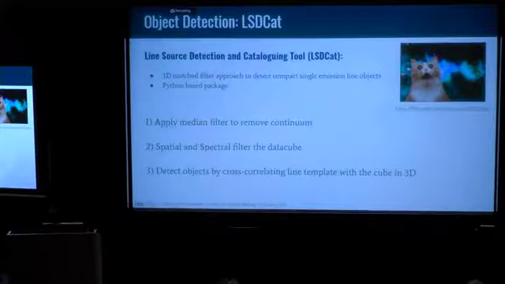It's a Python-based software package, and the way it works is you apply a median filter, and this removes the continuum from each of the objects and just leaves you with the emission lines. You then apply a degree of spatial and spectral filtering across the data cube, and then the software does this cross-correlation and tries to identify emission line sources directly from within the data cube.